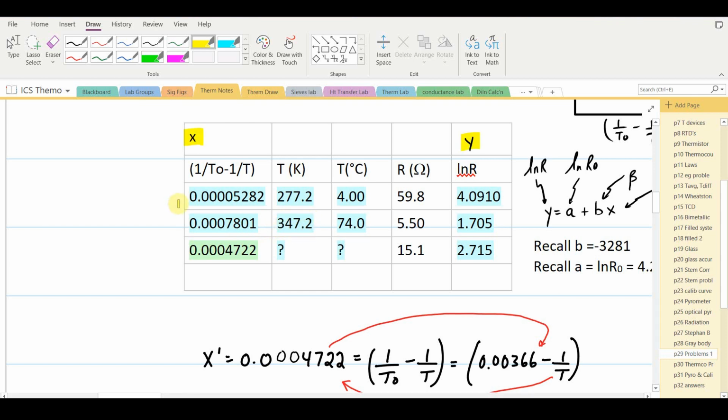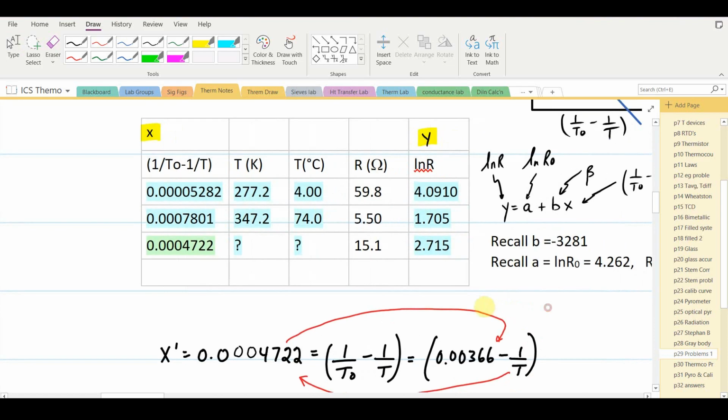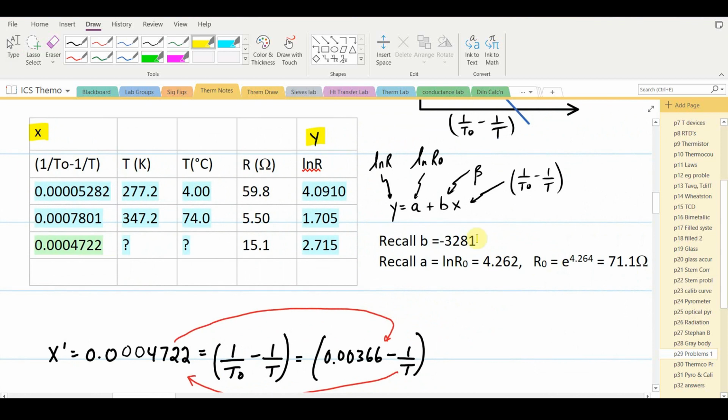Once you enter the first two data points in the linear regression mode of your calculator, you can then recall the values for A and B. This is the form of the linear equation, y equals a plus bx, that the calculator fits the data to. And b is the slope, minus 3281, the temperature coefficient.